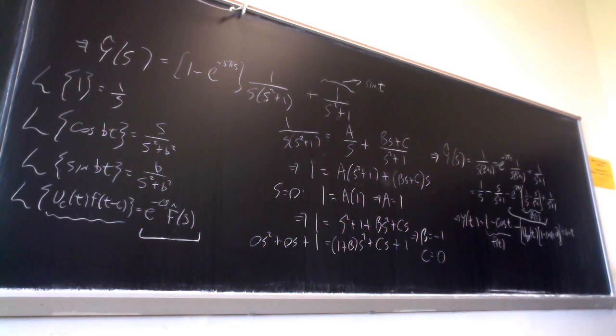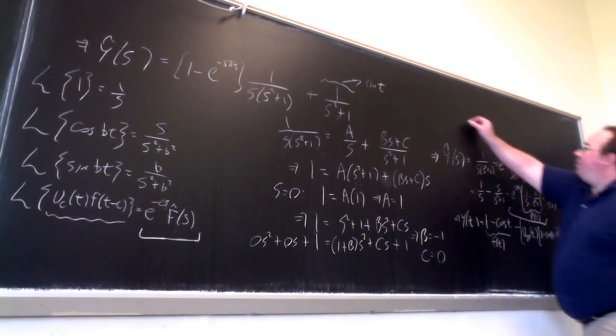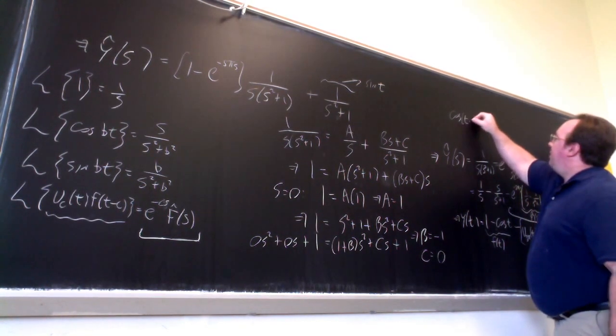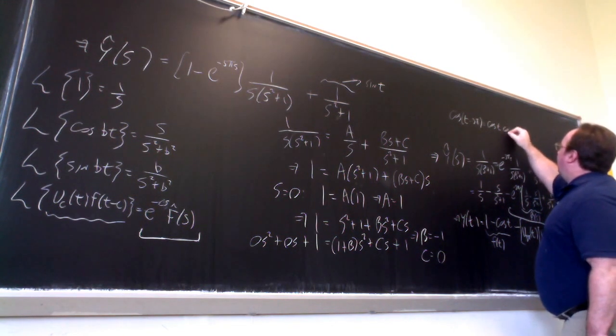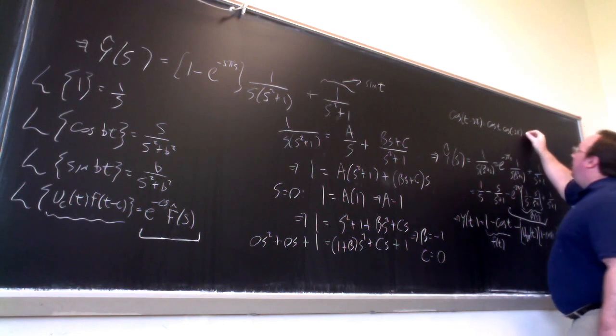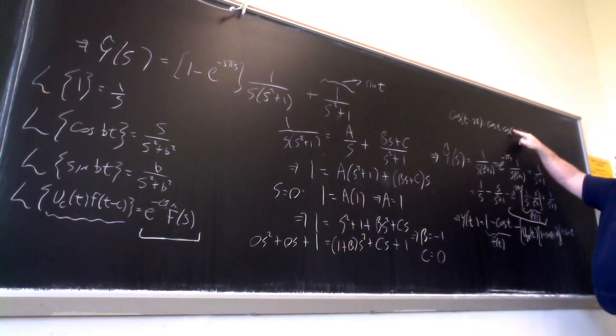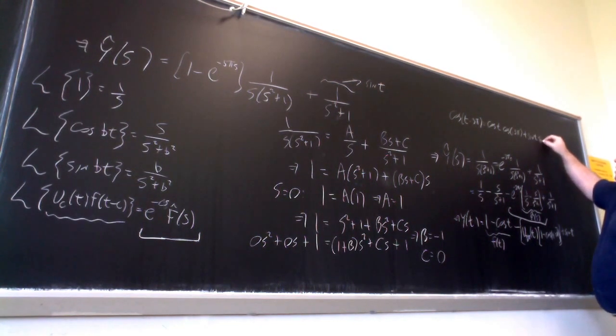You can stop here. The only other thing that could be done is to expand cosine of t minus 3 pi using trig identities: cosine t times cosine of 3 pi, plus sine t times sine of 3 pi.